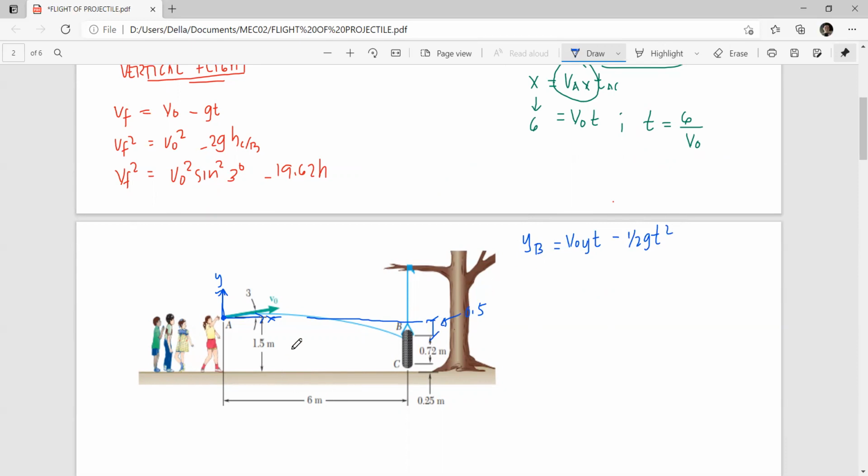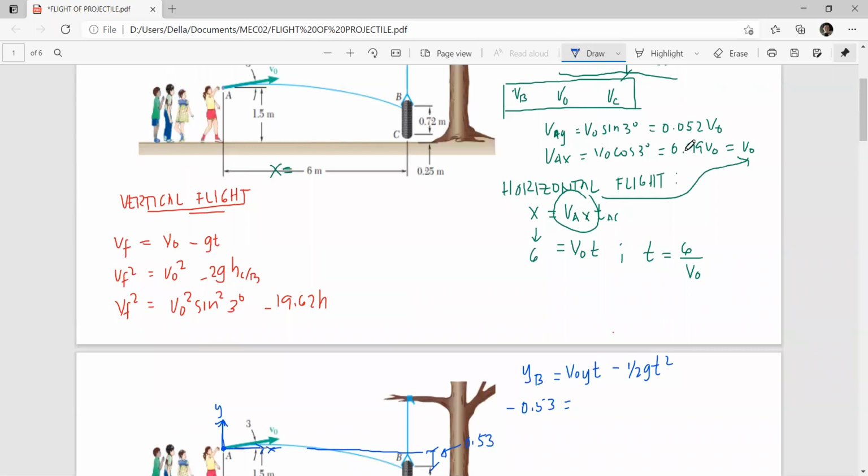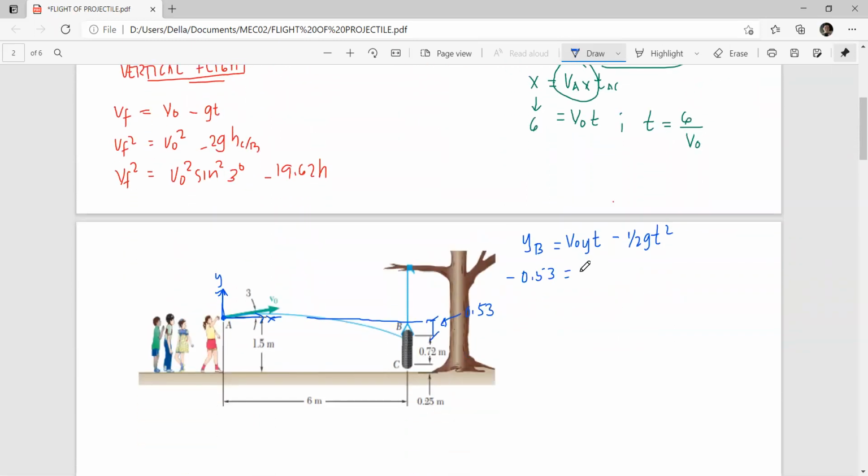Since point B is below point A, this is negative 0.53 equals 0.052 velocity initial, and the time is equivalent to 6 over velocity initial, minus 4.905 times 6 over velocity initial square.